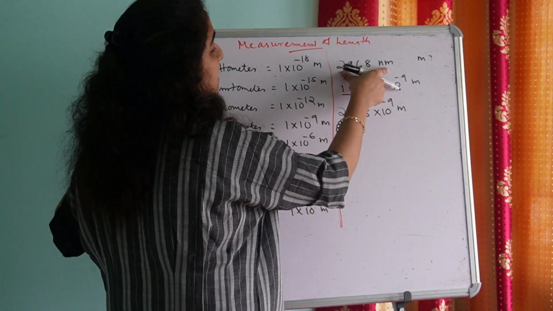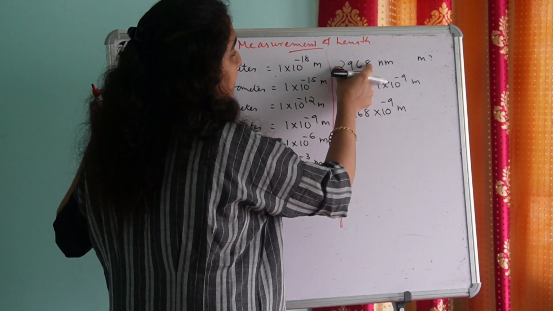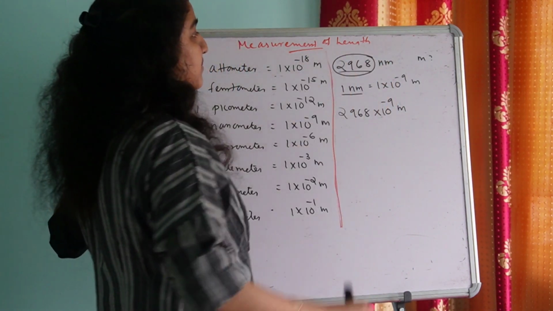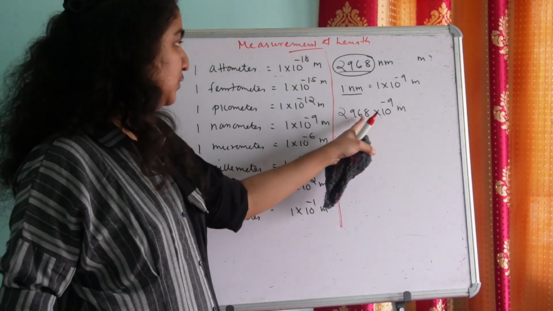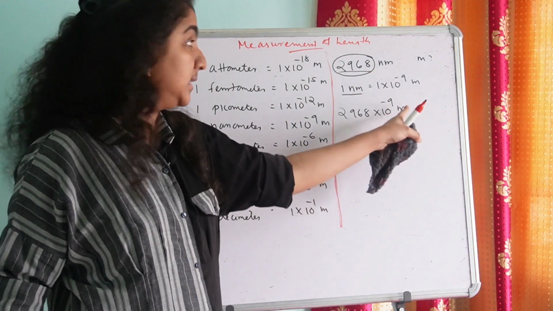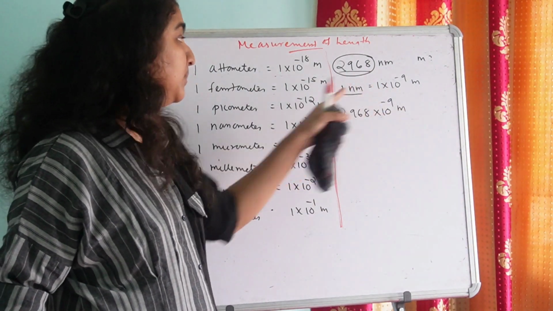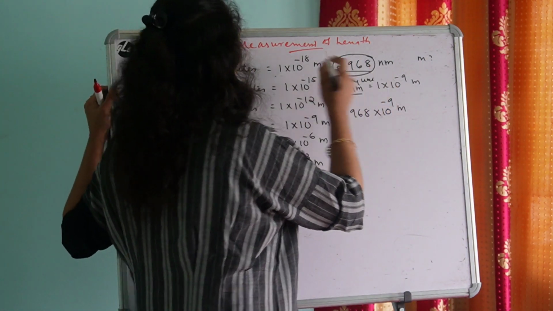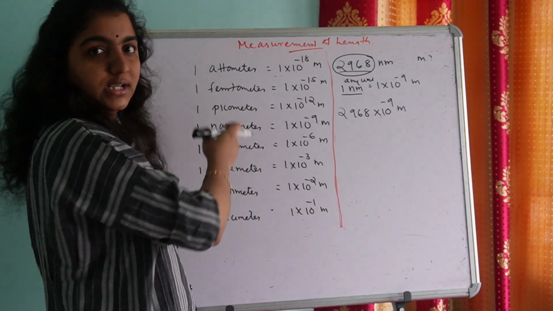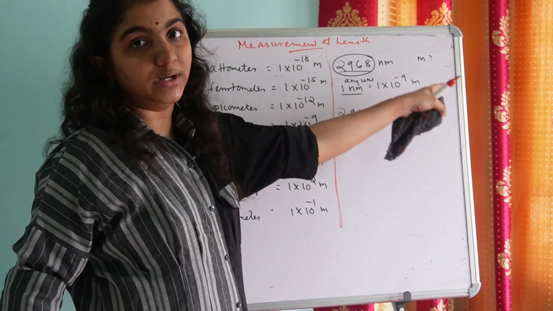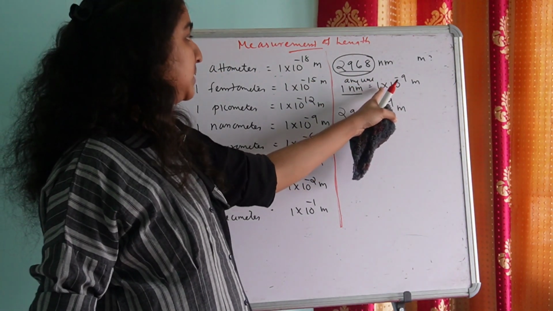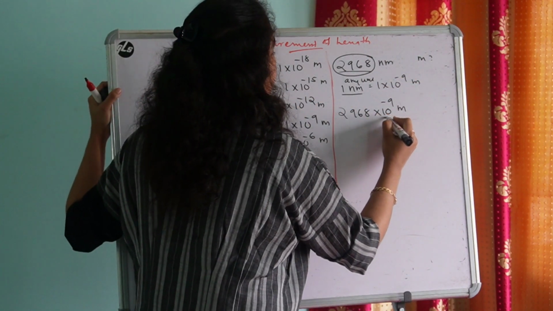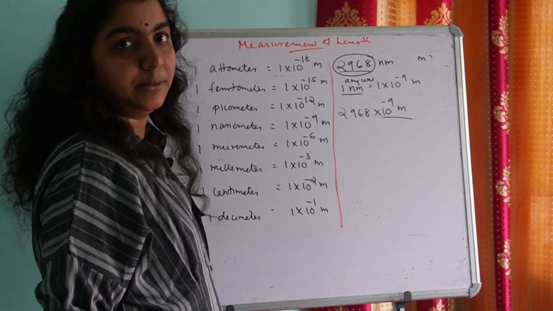You have to simply multiply the given numerical value by the value of 1 nanometer, or any of these units. Here, 1 nanometer is equal to 10 power minus 9 meter, so I am multiplying by 10 power minus 9 meter.